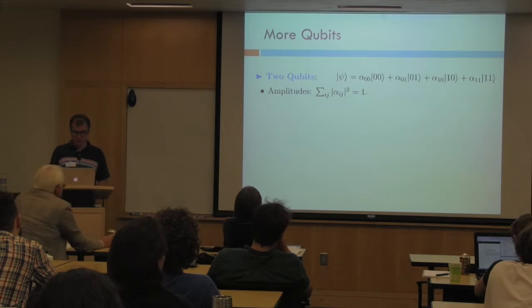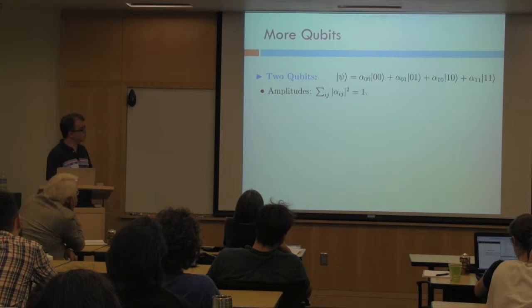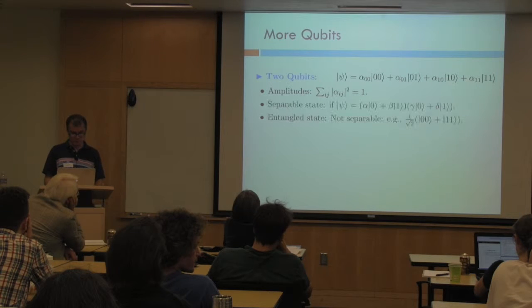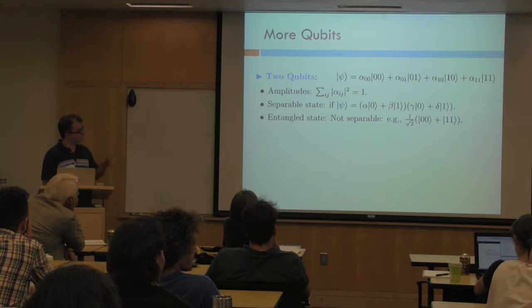Okay. So you can have more than one qubit. This is the general state of 2 qubits described by 4 amplitudes. The norm of the vector is still 1. You can have states which are separable, so they can be described as a tensor of 2 separate states.